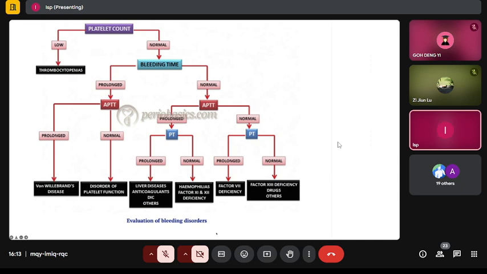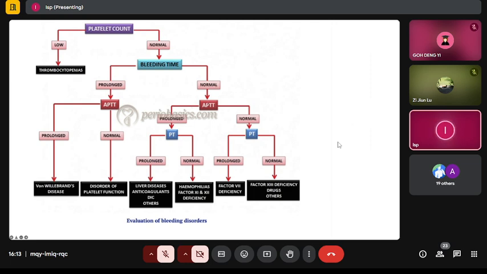Okay. So how do we approach this? If patients are bleeding, what do we do? We send off a full blood count to look at the platelet count and the coagulation profile. If the platelet is low, then we will think this is thrombocytopenia, so then we think about what the causes of the low platelet are. It's very straightforward. And if the patient has bleeding, we also do a coagulation profile, and we look at the PT, APTT, and also INR.